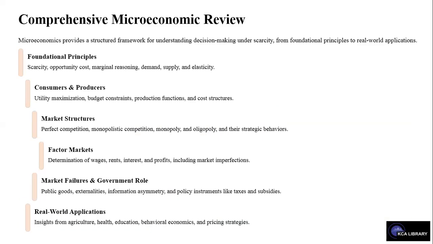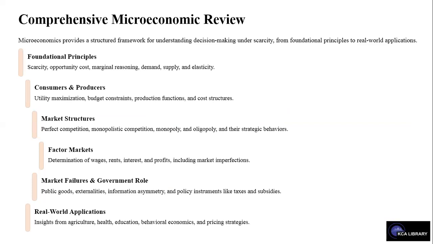As a review of the key concepts we have been talking about in microeconomics, it provides a structured framework for understanding decision making under scarcity, from foundational principles to real world application. We've looked into the foundational principles of scarcity, opportunity cost, marginal reasoning, demand, supply, and elasticity.